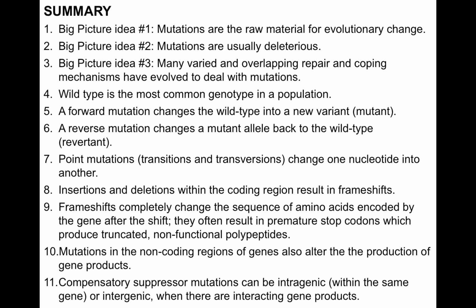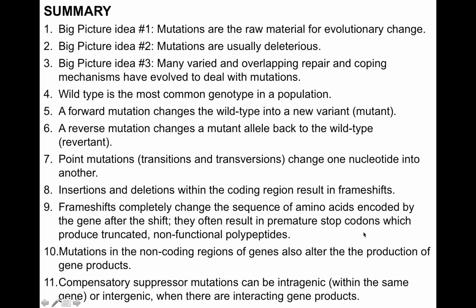Point mutations change a single nucleotide at a time. Insertions and deletions within the coding frame usually result in frame shifts if they are in multiples other than 3 nucleotides. Frame shifts completely change the sequence of amino acids encoded by the gene after the shift.